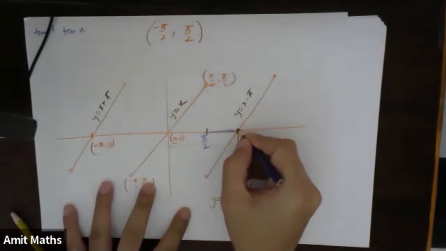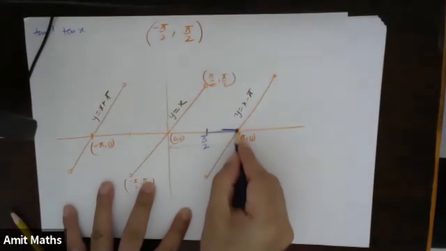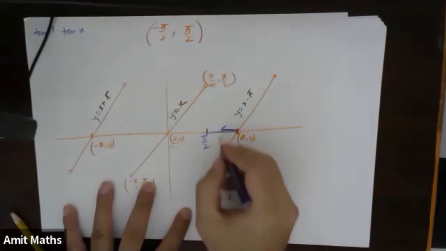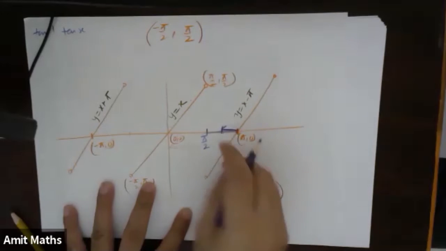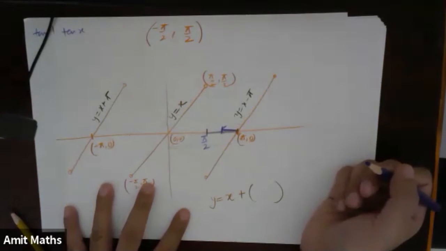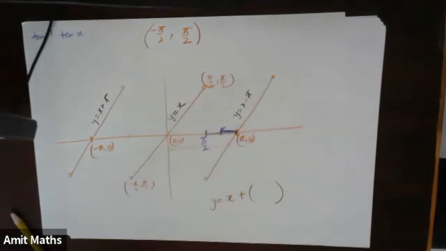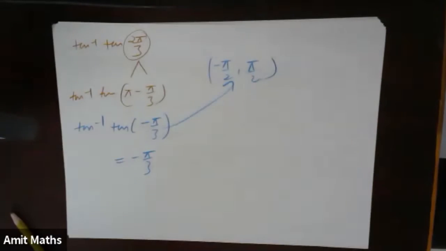Now, if I move pi by 3 in this direction, I will reach 2 pi by 3. I will make a new graph. Just wait.